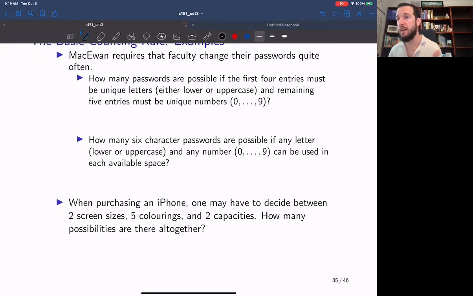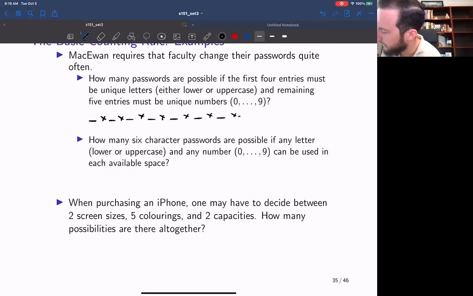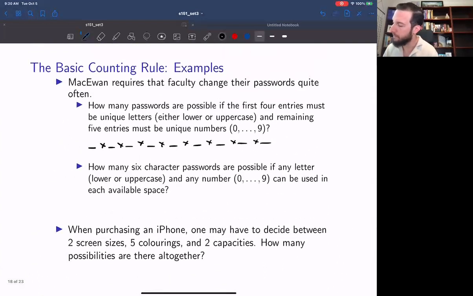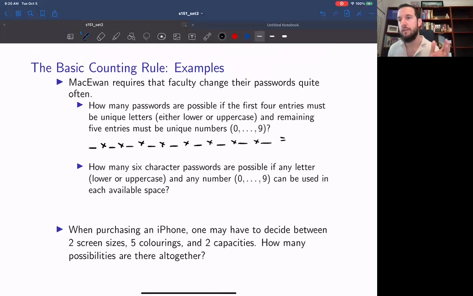We have 9 total actions. 1, 2, 3, 4, 5, 6, 7, 8, 9. And we want to know how many different outcomes are possible given these 9 different possible actions.